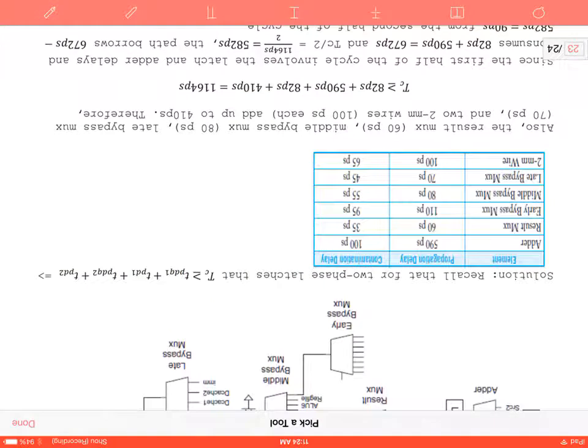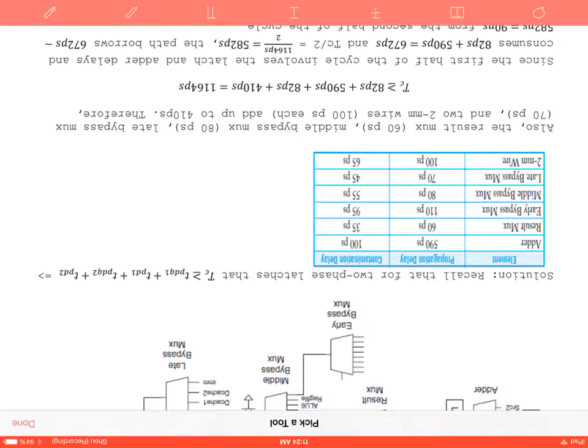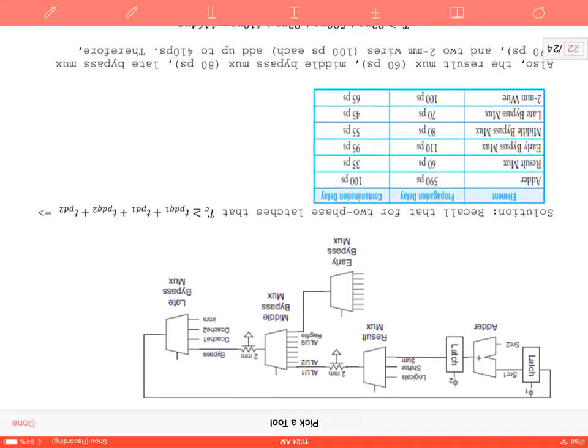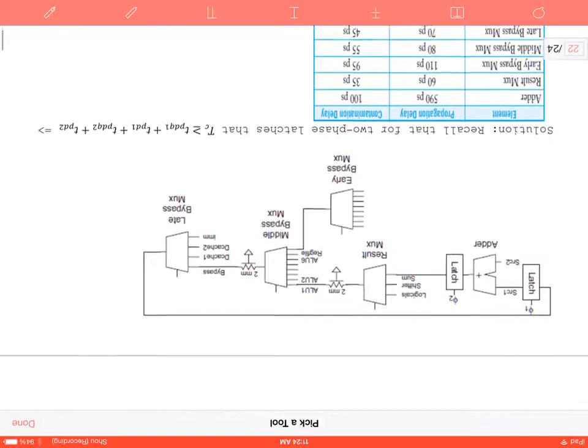The result mux, so I can zoom out again here. Okay, so we have our result mux, which is 60 picoseconds. So that comes from here. The middle bypass mux, 80 picoseconds. The late bypass mux, as we defined, 70 picoseconds in the problem.